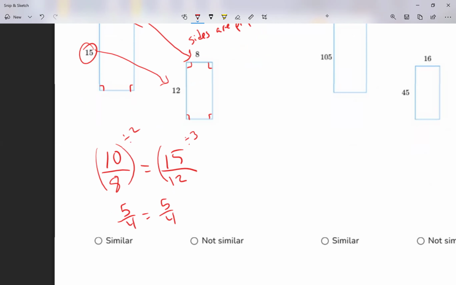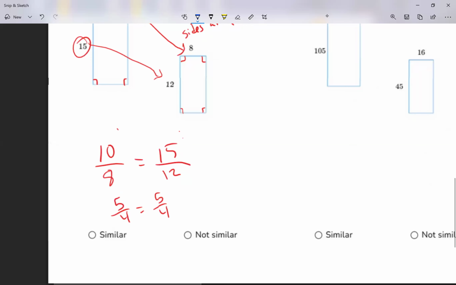That's one way. But what if you're not good at simplifying fractions? You can do your decimals, 10 divided by 8, 15 divided by 12. What if you don't want to do that either? Cross multiply. 10 times 12 is 120. 8 times 15 is also 120.